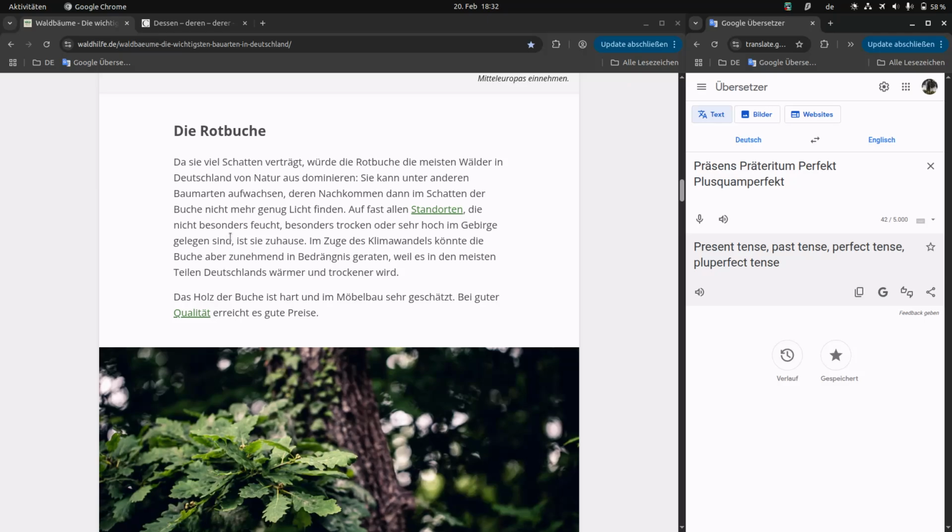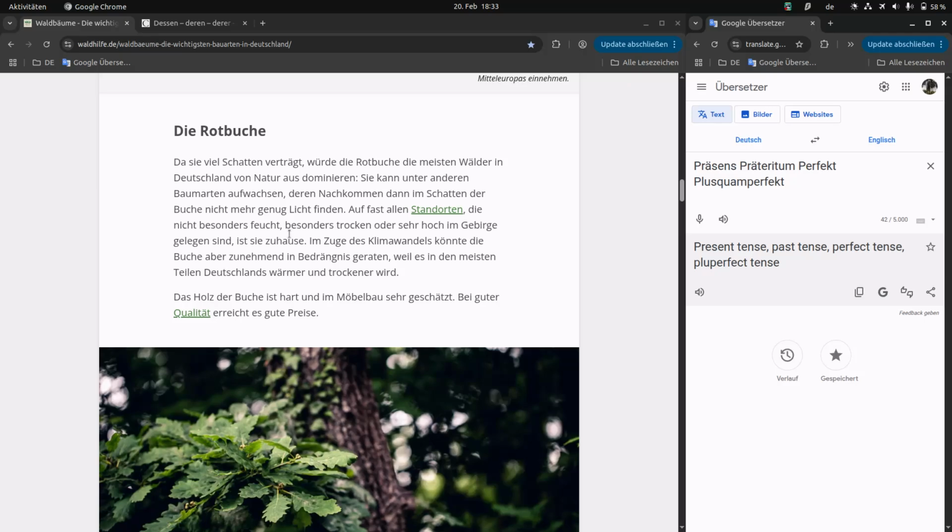Sind, are, so ist sie zu Hause, is she, or in this case in English, it, home. So on almost all locations, that's not especially or special, especially wet, moist, especially dry, or very high in the mountains, in this case, are being laid, or being laid are, is she home.